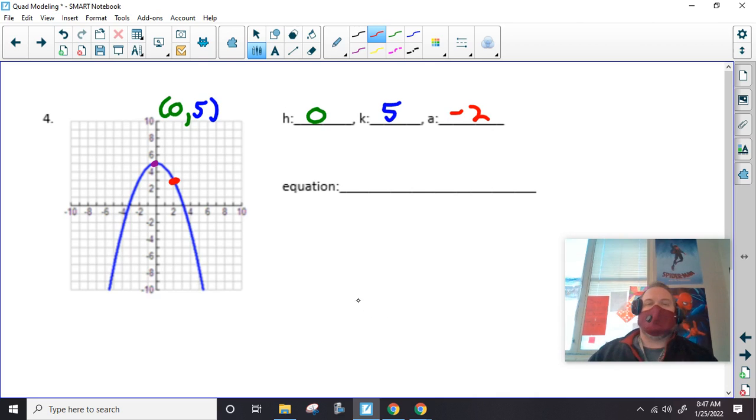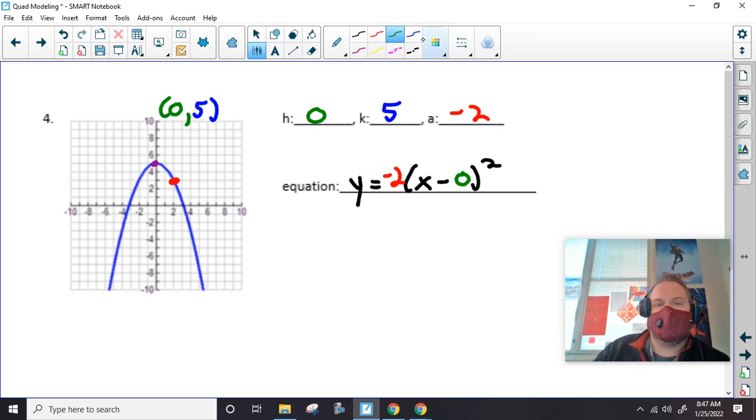Now, this is the one where we have multiple different ways to write this. And either way, I'm going to accept them. Because if you give me this equation like this, that means I know that you are plugging it in just like we have been doing in class.